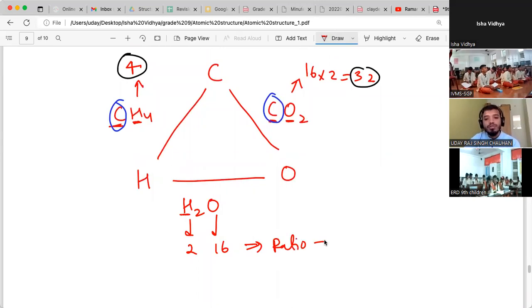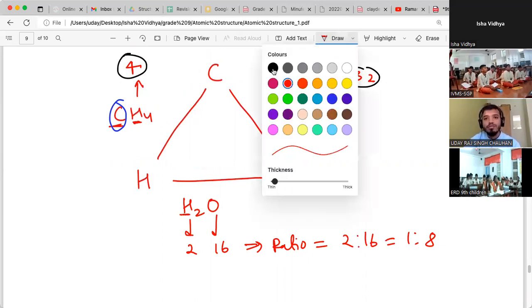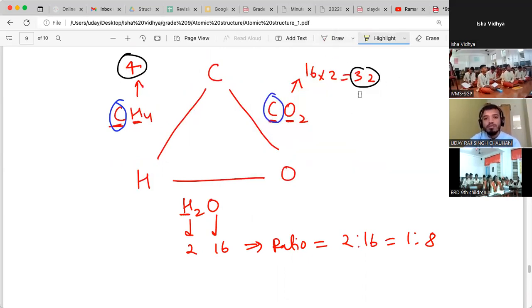What is the ratio? 2 is to 16, which is 1 is to 8. And you take the other ratio, 4 is to 32, which is how much? 1 is to 8.